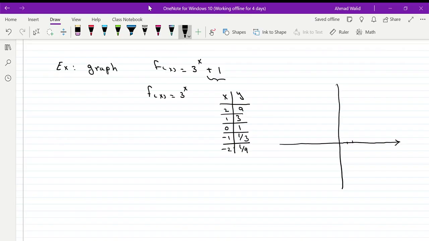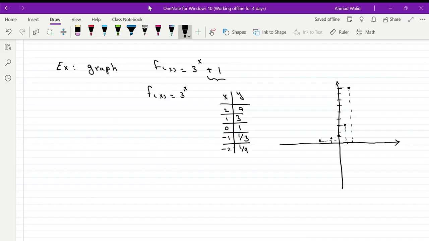When x is 2, y is 9, this point. When x is 1, y is 3, of course, this point. x is 0, y is 1, your y-intercept. -1 and 1/3 will be somewhere here, -2 and 1/9, which is really, really close to the x-axis.